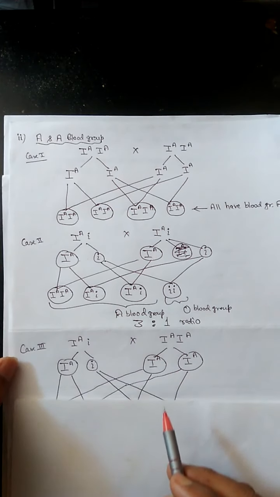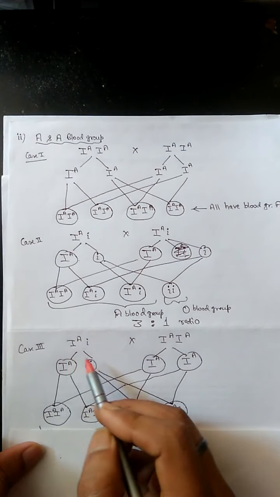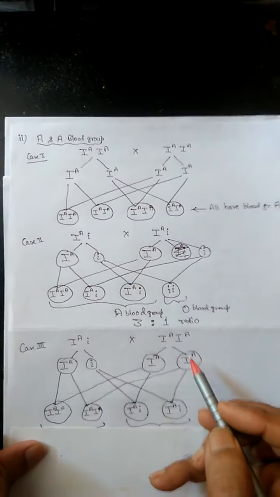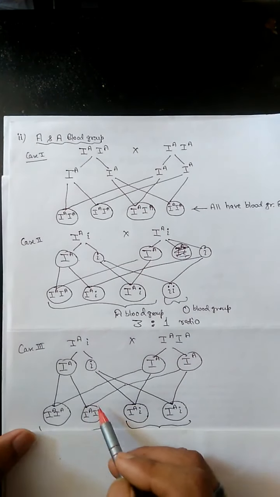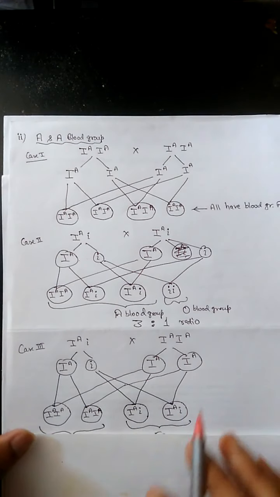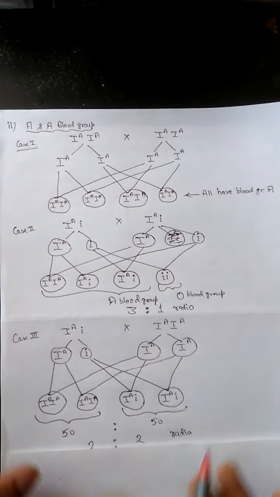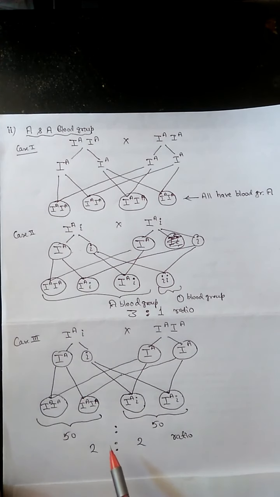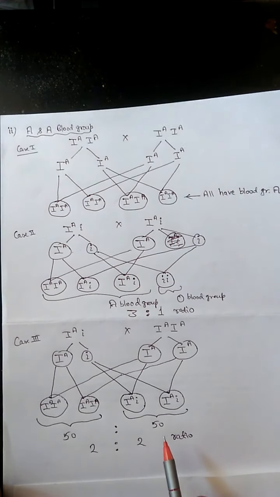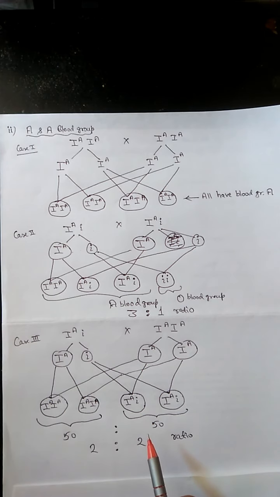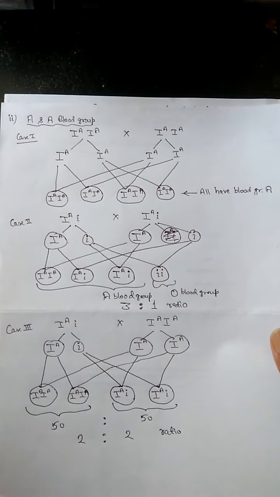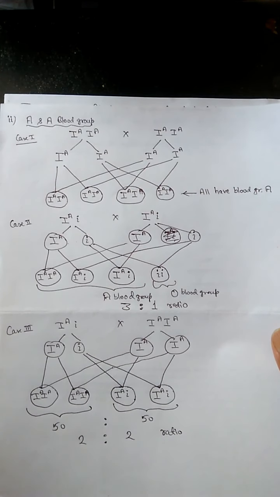In that case, the gametes will get separated and lead to the formation of this combination. As such, we will obtain a 50-50 ratio, that is a 2:2 ratio, among the offspring. Similarly, you can work out all the probabilities of different blood groups.